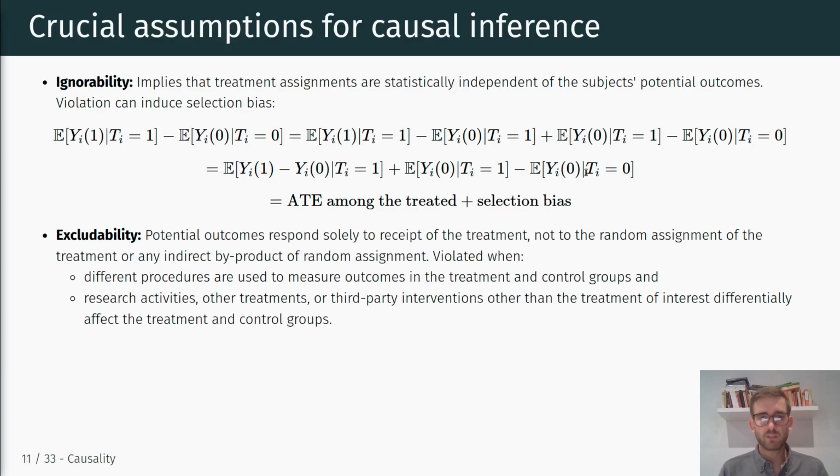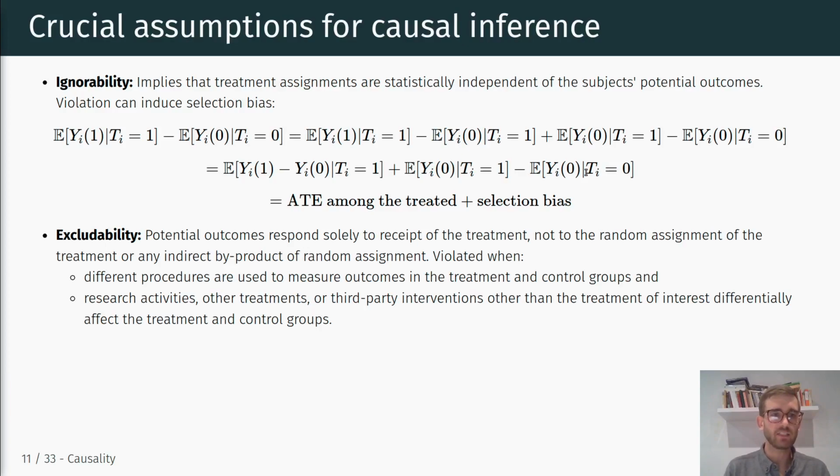Another important assumption is excludability. The excludability assumption describes that the potential outcomes respond only to the receipt of the treatment, not to the random assignment of the treatment or any indirect byproduct of random assignment.